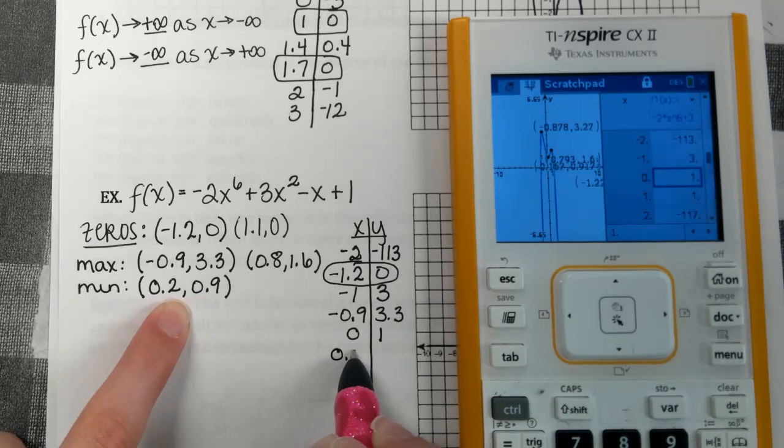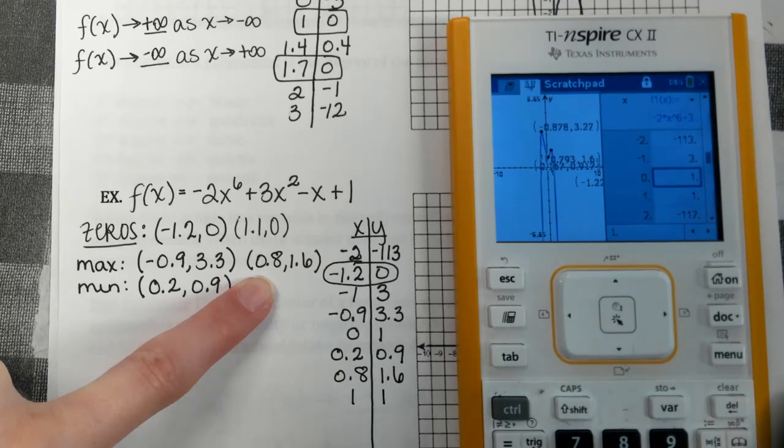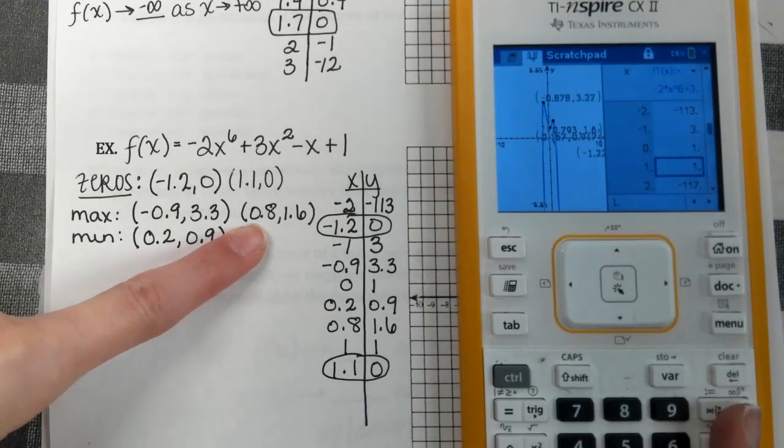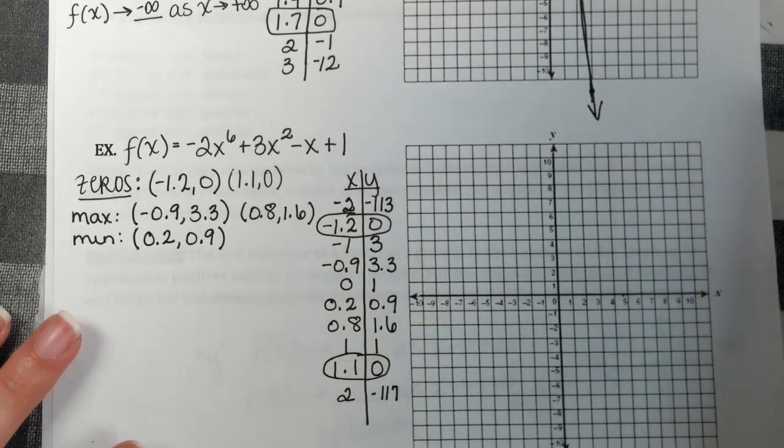I have 0.2, 0.9, and I have 0.8, 1.6. Then I have 1.1, 1.10, and then that 2, -117. Again, if you want to put it in your table just so you know how far it goes, you can.